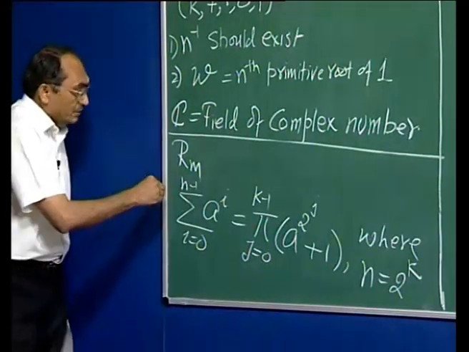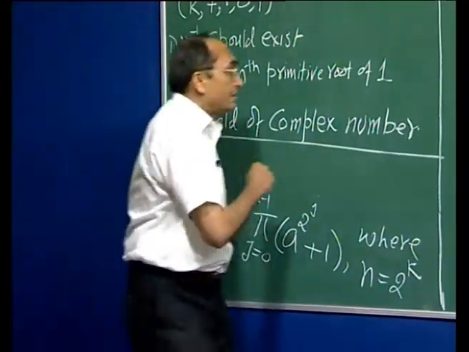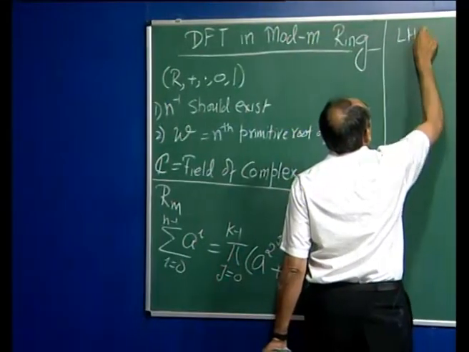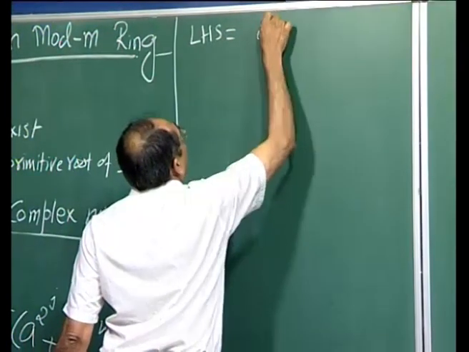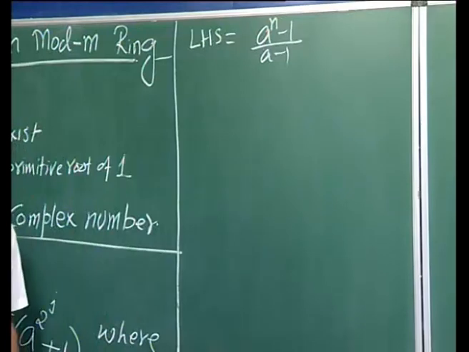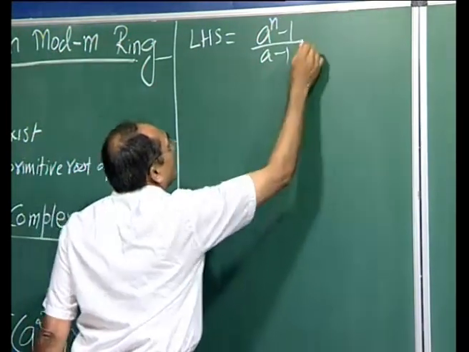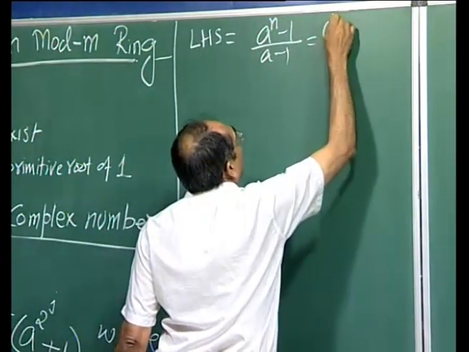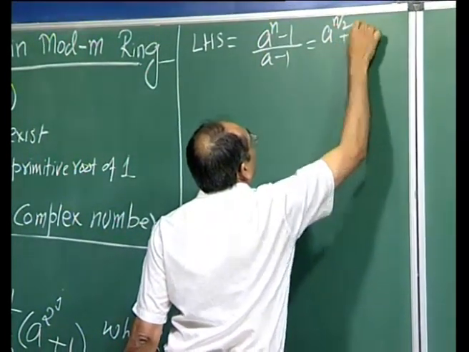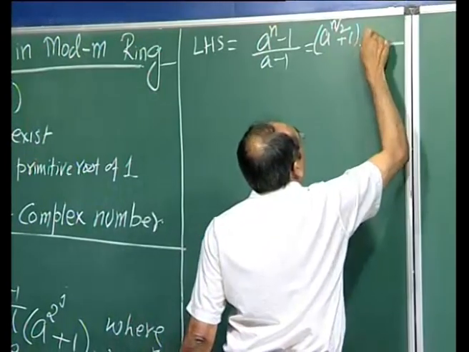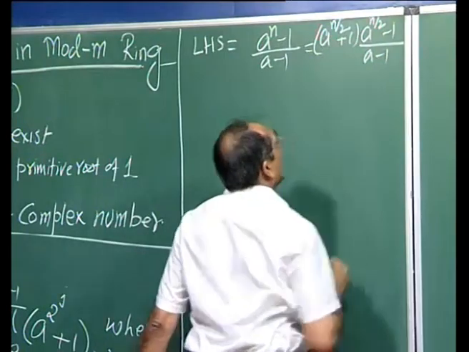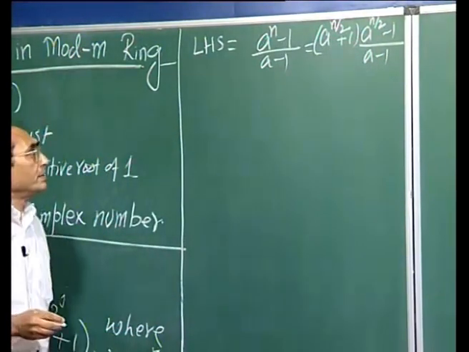So the left hand side, the geometric sum, is a to the power n minus 1 over a minus 1. I can factor this and write it as a to the power n by 2 plus 1 into a to the power n by 2 minus 1, over a minus 1.